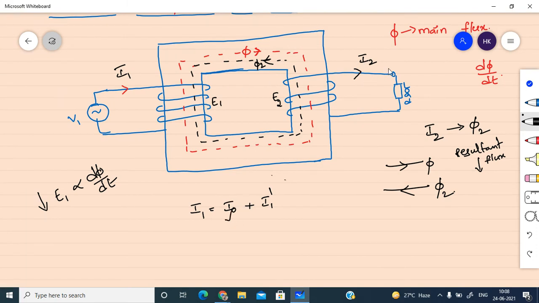Now whenever you are connecting a load, what is happening here? Due to this process, the primary current increased. Some additional current it draws from the supply. That is called I1 dash here. So the total primary current is the sum of I0 plus I1 dash.